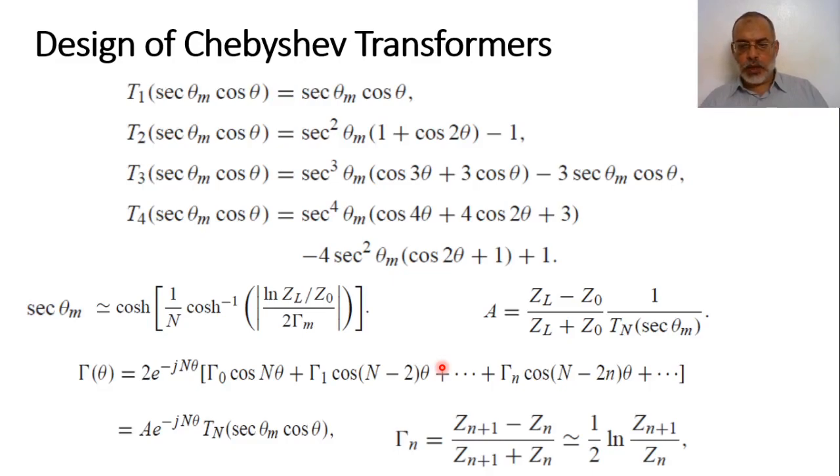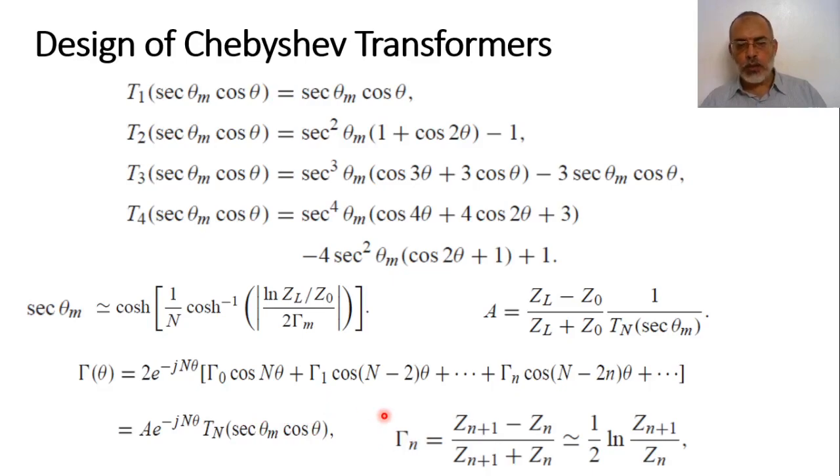In this way, we can obtain gamma n, which corresponds to Zn plus 1 minus Zn over Zn plus 1 plus Zn, which can be approximated as half ln Zn plus 1 to Zn. In this way, we can obtain recursive relations to obtain the reflection coefficients. Once we obtain gamma naught, we can obtain gamma 1.